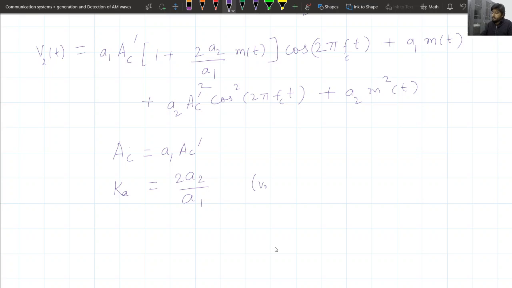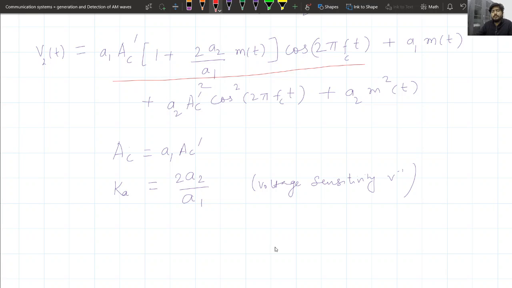So the voltage sensitivity, we have discussed this earlier. Finally, this represents our desired amplitude modulated wave.